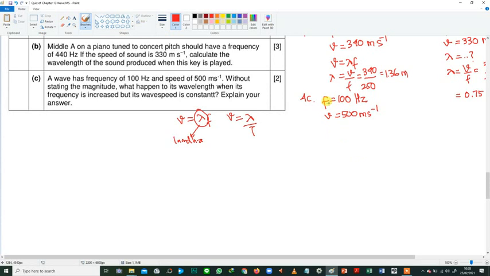So this is the frequency, the second one. Now we have another frequency which is more than the frequency of the second one, right? What happened to the wavelength? And in here, the wave speed stays constant. So the second wave speed will be the same as wave speed 1. How to find the wavelength?